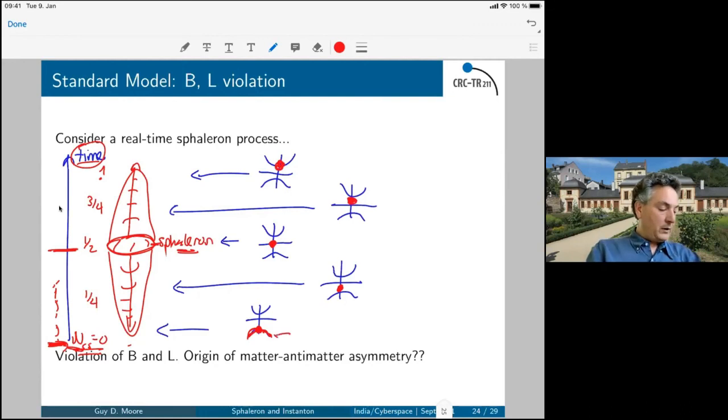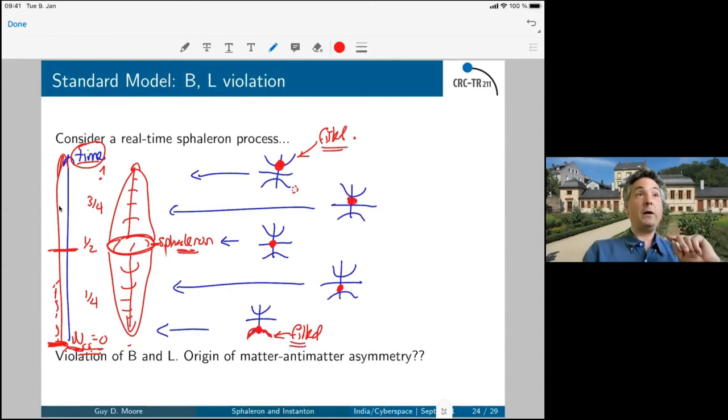And since these are all filled, it shows up here as a filled state, which means that if this process occurs, I get a filled state here, but I do not have any empty states down here. That's particle production. At the end of this process, I have a quark, which I didn't have at the beginning, and no antiquark.